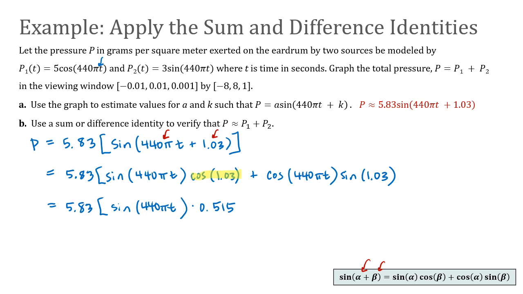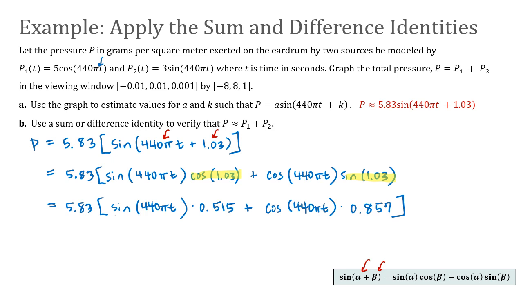Make sure you get the same thing; double check me. Plus, I don't know what the cosine of 440 pi t is, again because of the variable, but I can put sine of 1.03 into my calculator. When I did that, I got, again, double check me, approximately 0.857.